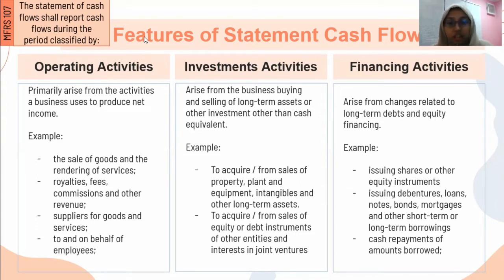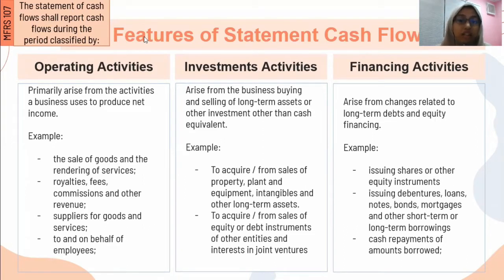Operating activities means that the amount of cash flows arising from the activities a business use to produce net income. Basically, the cash generated from doing what the company in the business do. It also gives the information on the cash generated by sales and production activities.